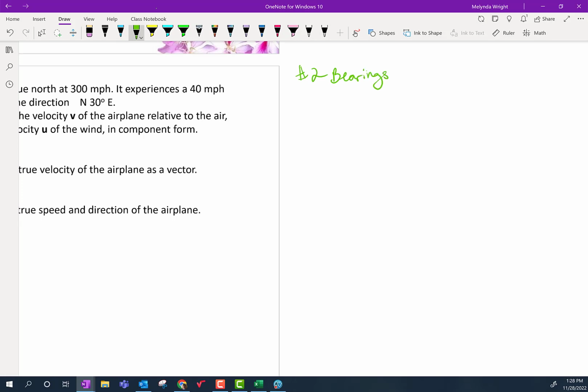What we do with bearings is we measure from the north line, and we rotate clockwise. So for bearings, we measure from the north line and rotate clockwise.